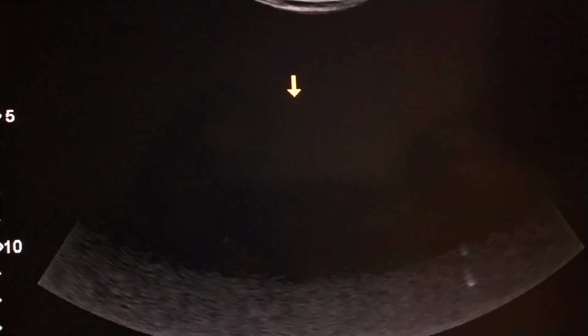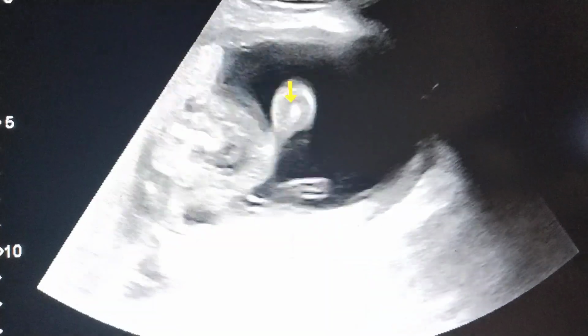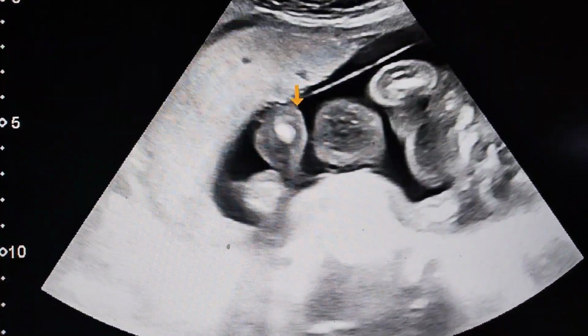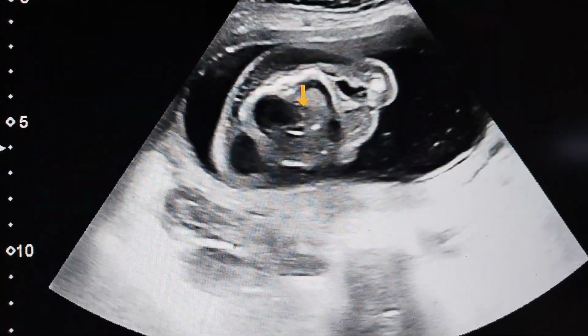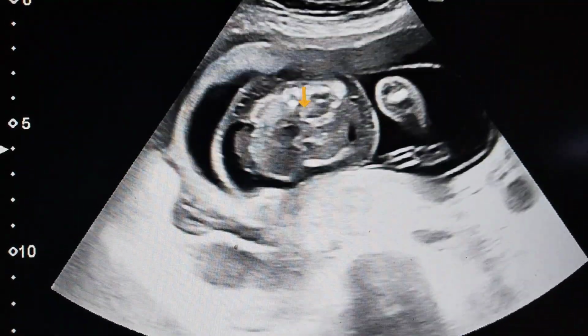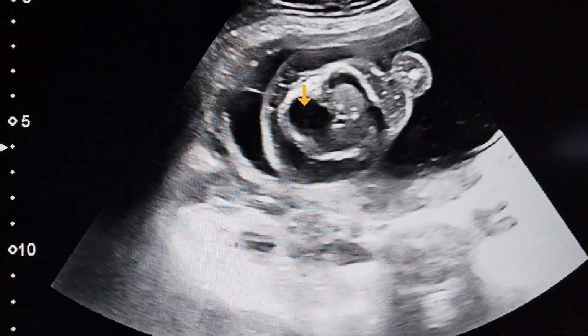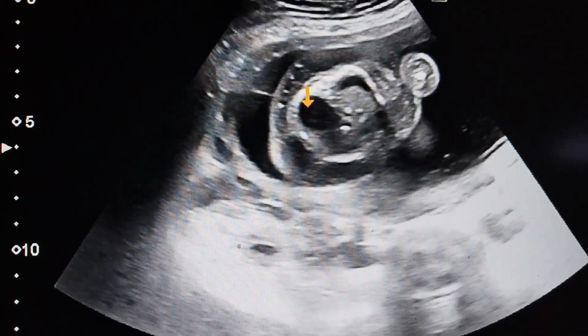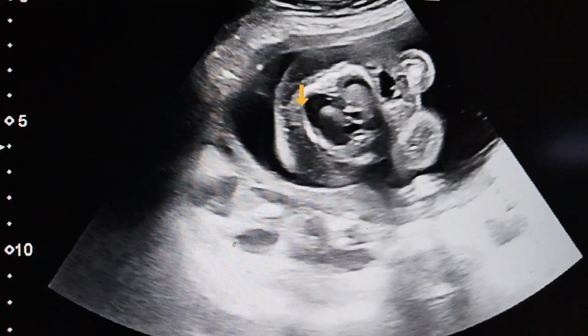So when we are talking about non-immune Hydrops fetalis, what would be the fetal causes that have caused the non-immune Hydrops fetalis?